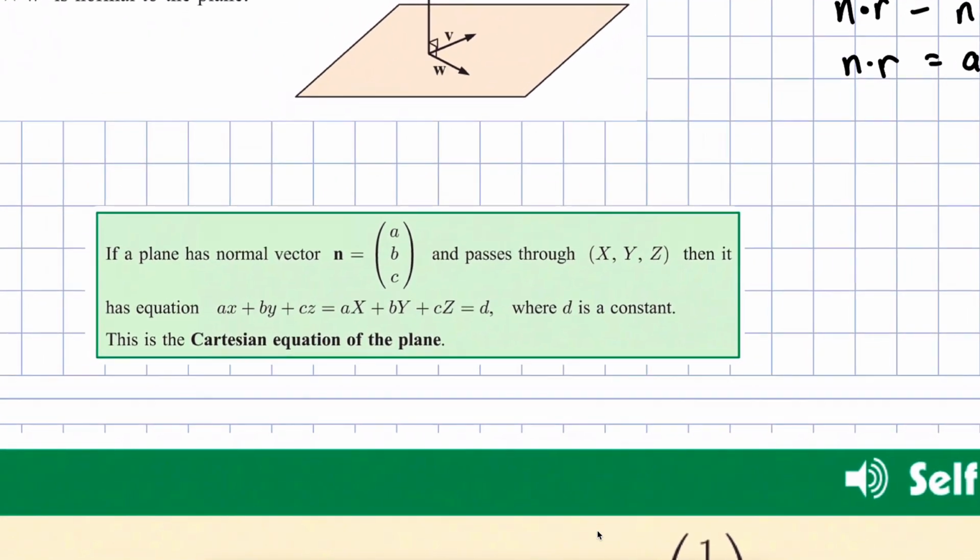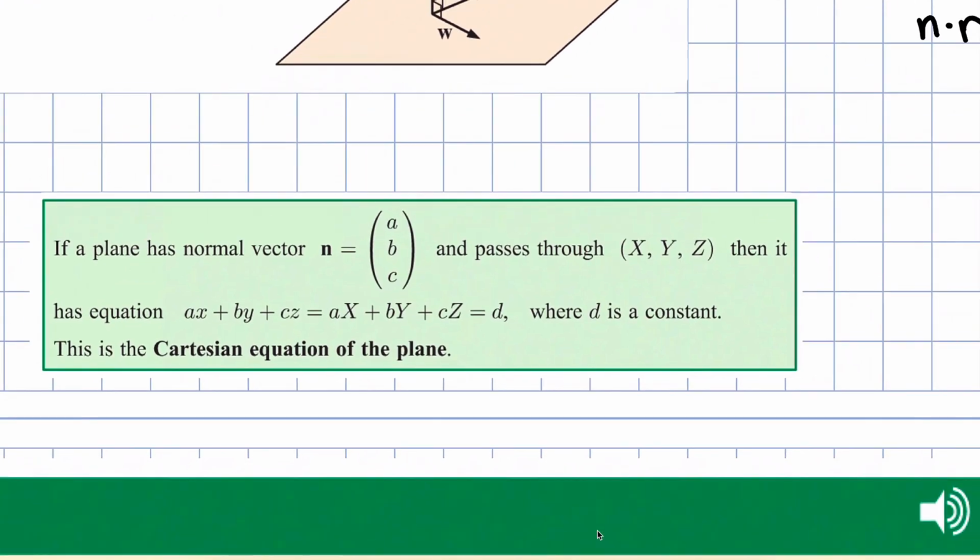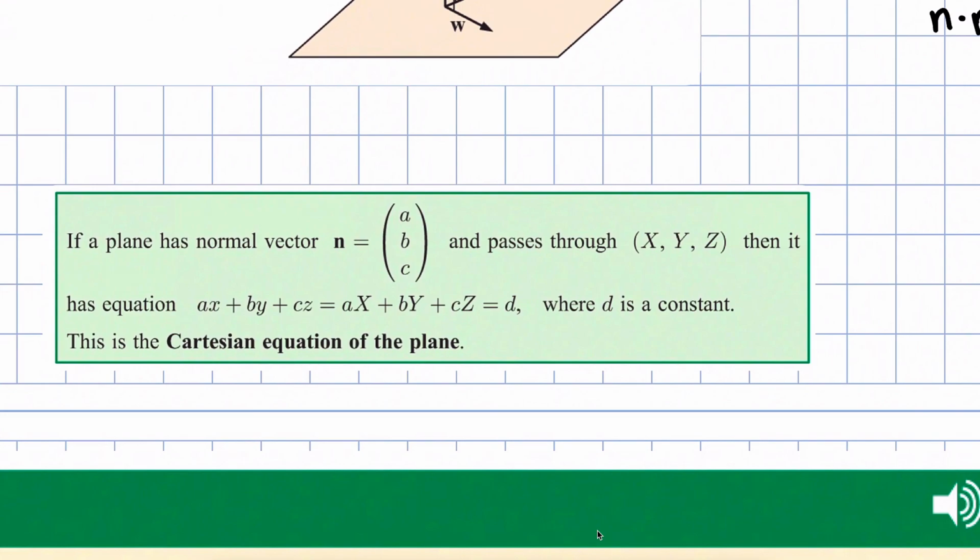So we've got n dot r. If I have a plane which has a normal vector of a, b, c, and we're dotting that with r, which is a point somewhere on our plane, we don't know where it is. So I'm going to put that on here as well and say the vector r is x, y, z, because that's just a point somewhere on the plane.